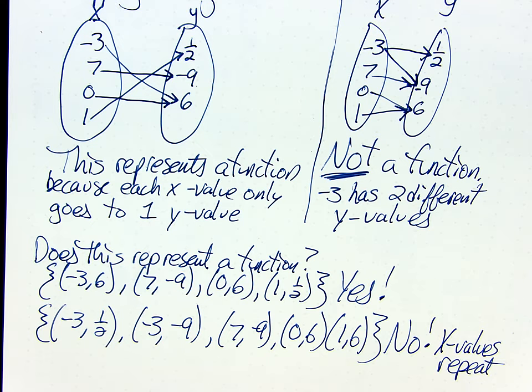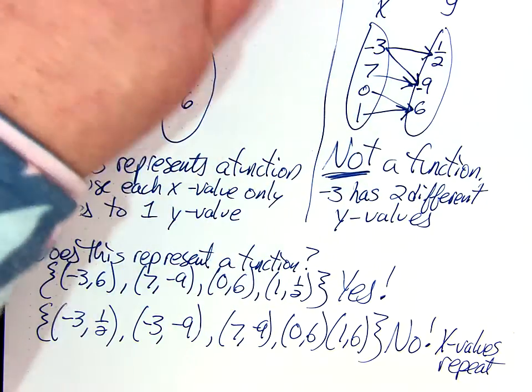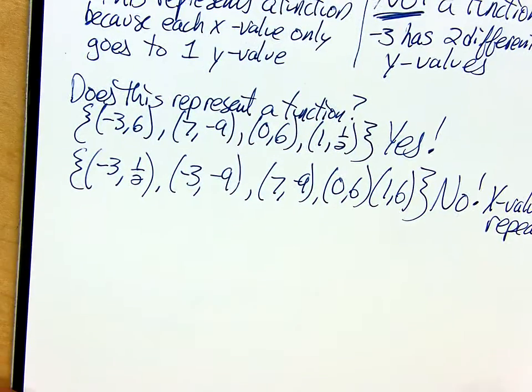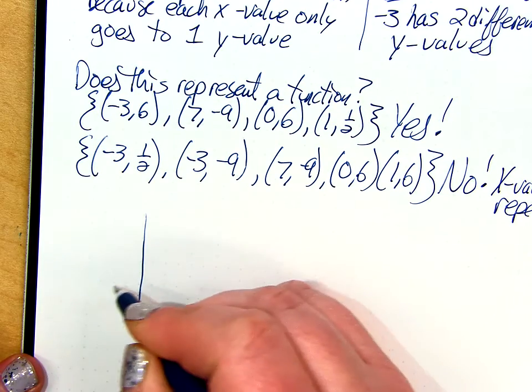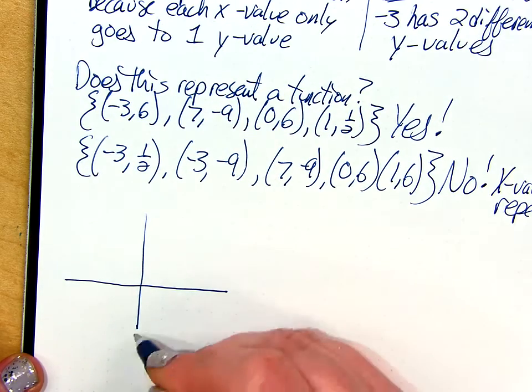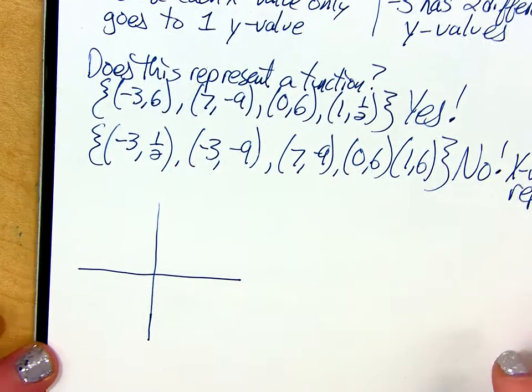Does that make sense? Is everybody okay? All right, there's a couple of other ways to test for functions. Some of them are kind of fun, I think. One of the ways is if you have a graph. So if you want to just sketch a graph for yourself, it doesn't have to be too accurate, but try and put your dots where I put my dots.